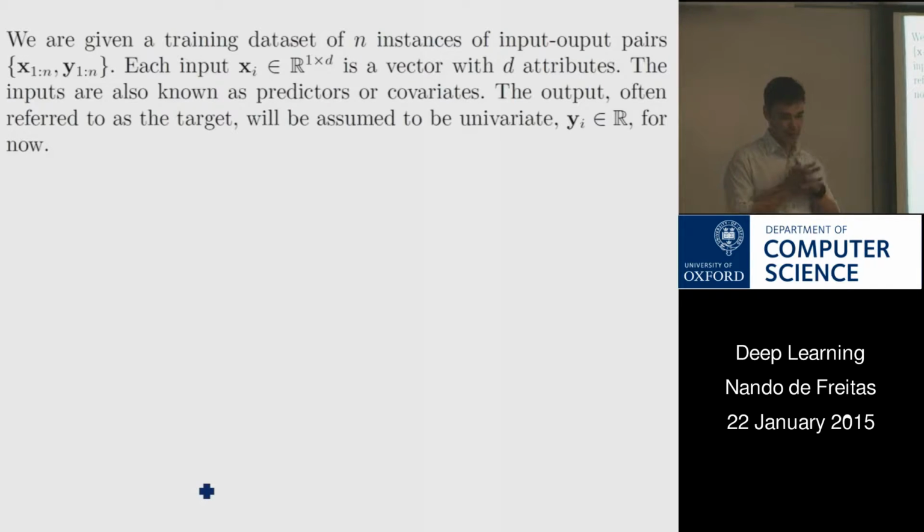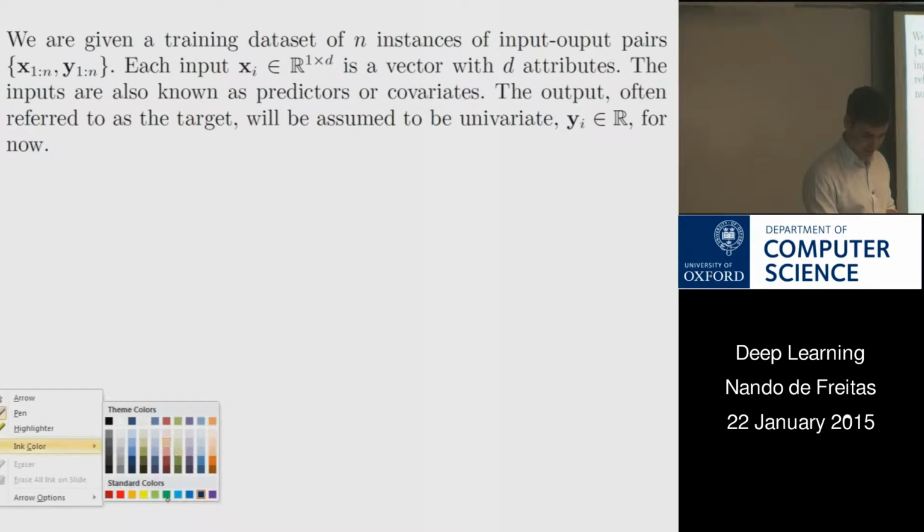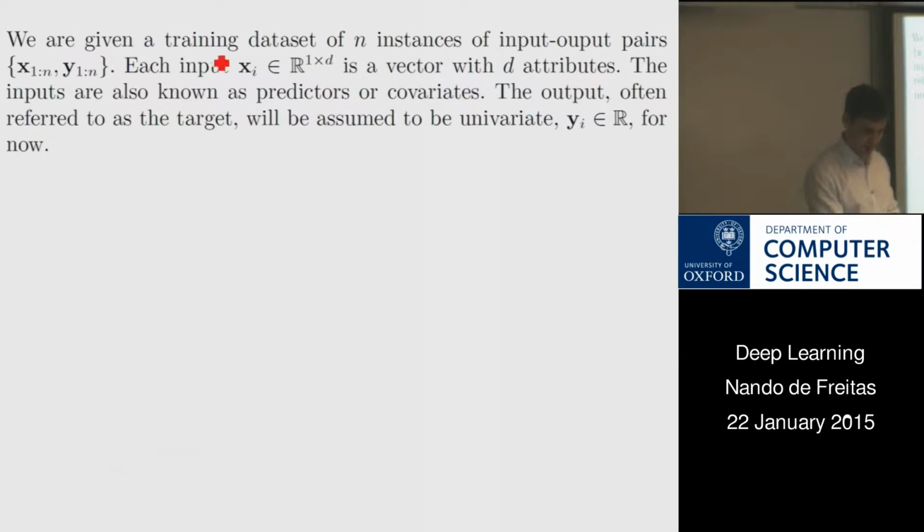Okay, so how does it work? The setup is the following. We're going to start introducing some notation here. We're going to be given what I call the training set, the training data set. That will contain n instances. These instances could be pairs of images and their label, the text label that says what the image is about.